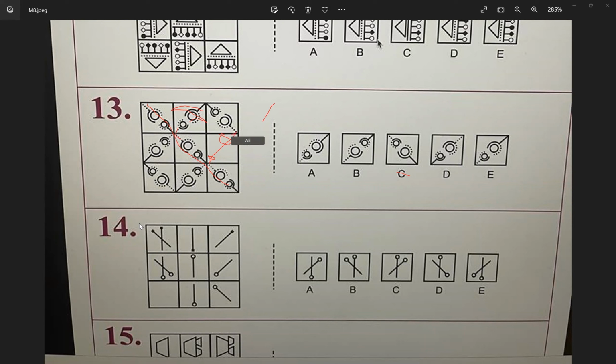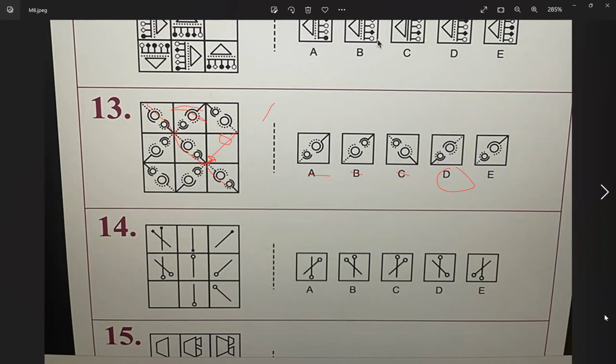But the bottom part will be solid, and then the top will be dotted. So we can eliminate B because here it's solid at the top and dotted at the bottom, and then also A. I think the answer is D because the solid lines and dotted lines are in the correct place, and also it's pointing the correct direction.